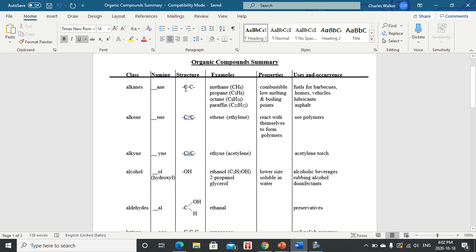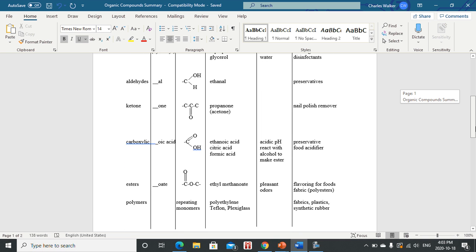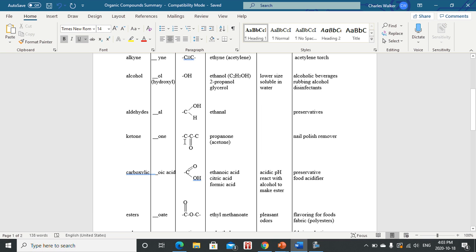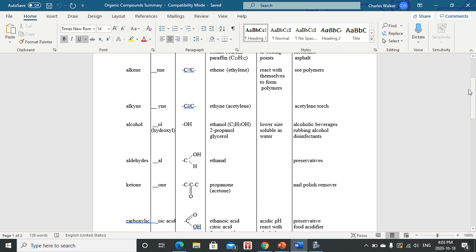So alkanes, no double, no triple bonds, nothing else in there. Alkenes, double bond, alkynes, triple bond, and again, the other one that we already talked about, somewhere further down here. Oh, you actually don't need to know ketones anymore for Science 30. That's no longer in the program of studies, but the halogenated ones, they are.